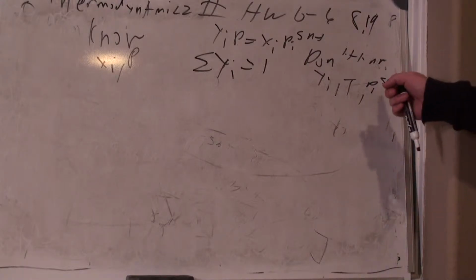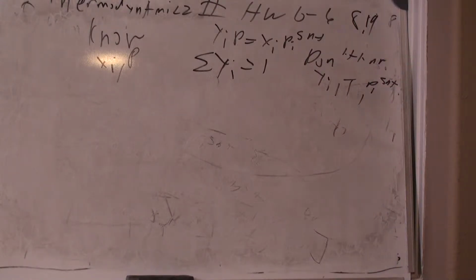Temperature is buried in Pi sat, and it's really buried because it's in an exponential term. Because I'm going to use Antoine's, so I have natural log of Pi sat is equal to Ai minus Bi over T plus Ci. And because it's buried in that manner, I can't just do the algebra like I did for the bubble pressure or the dew pressure.